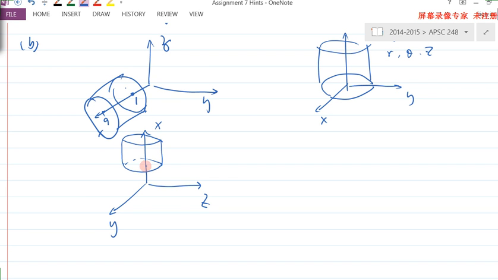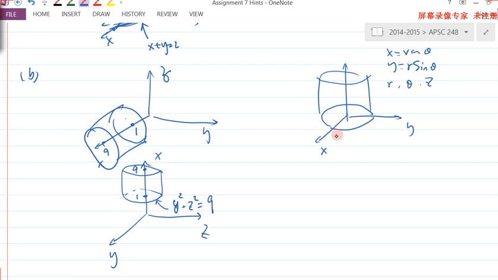Okay, so here is x equal to 1, and here is x equal to 9, right? And the circle here is y squared plus z squared equal to 9. So now you see, even though traditionally it is x, y, z, in this particular case this y is basically the x, and this z is the y here.